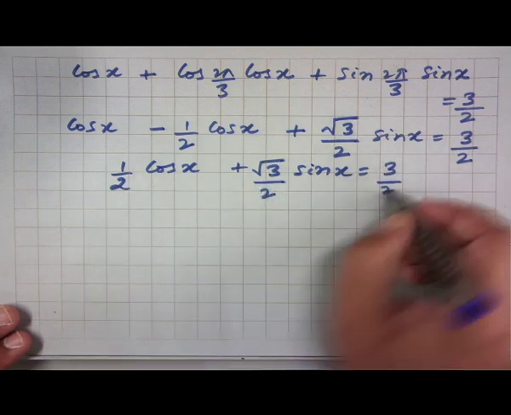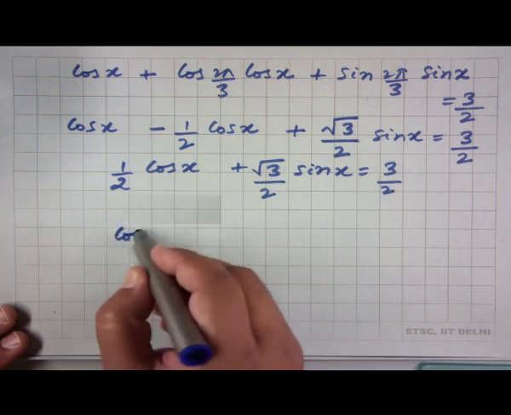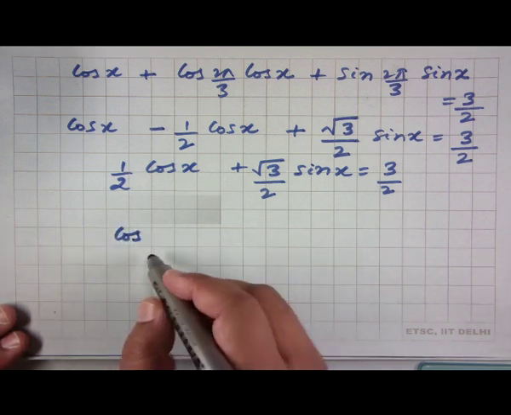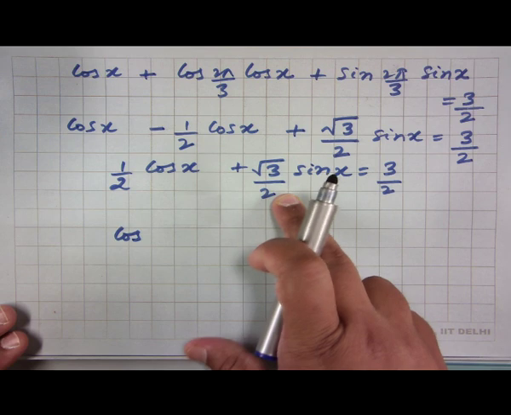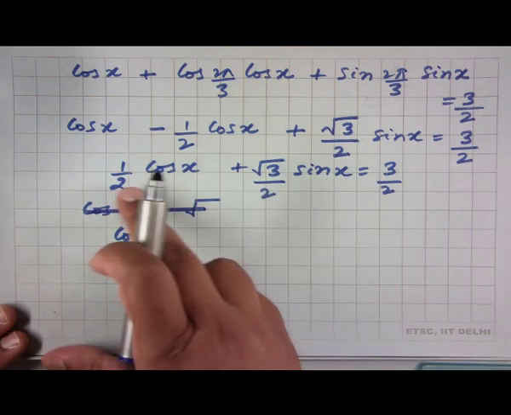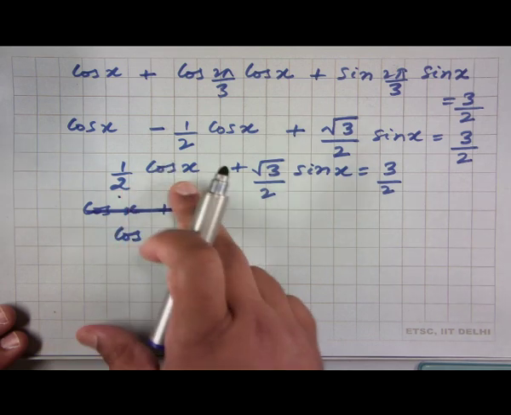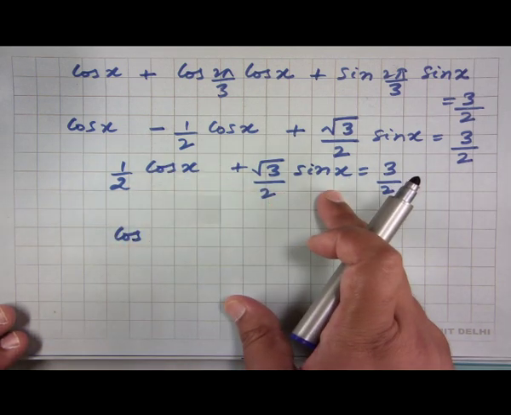And we know that half is cos of 60 degrees, which is pi by 3, and root 3 over 2 is sine of pi by 3. So, we will get the form cos a cos x plus sin a sin x.